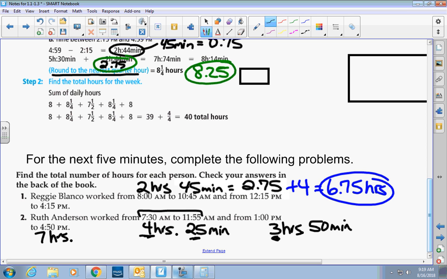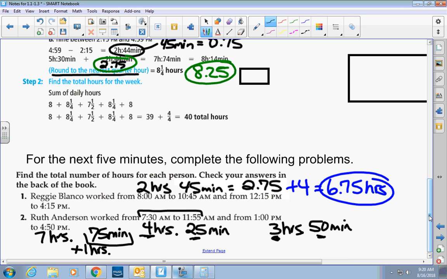What is 25 plus 50? 75, so 75 minutes. 25 minutes and 50 minutes. That makes sense? Doing it a little bit differently. So 75 minutes, how many hours are living within 75 minutes? 1, because that's 60 minutes.